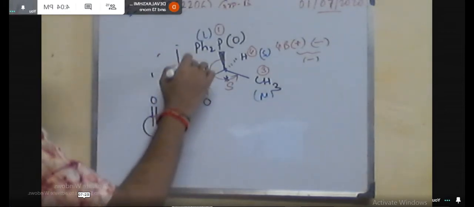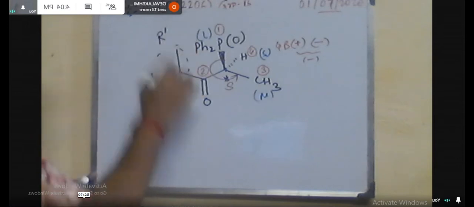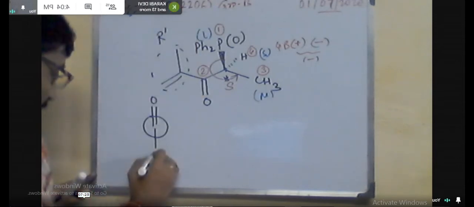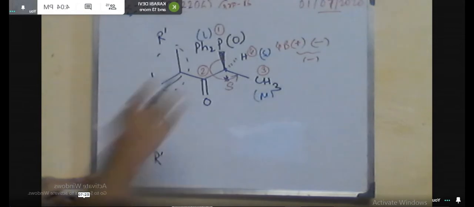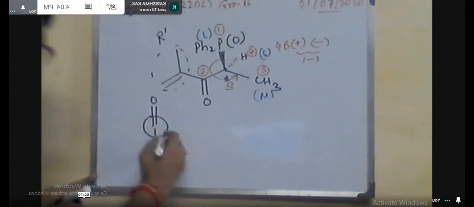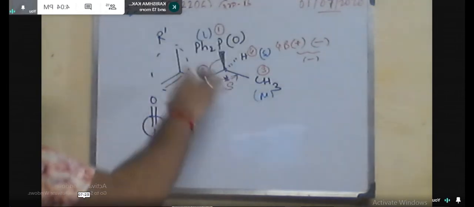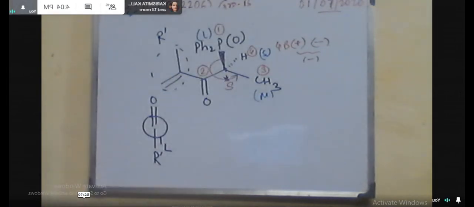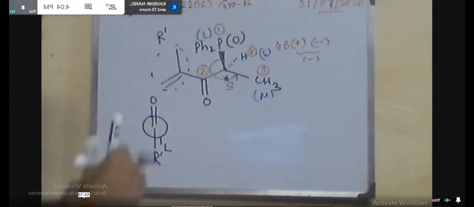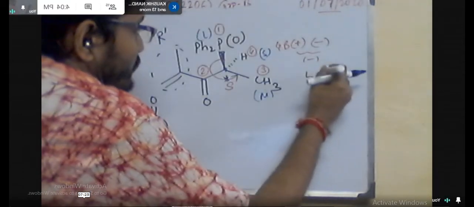That means it is 1, it is 3. So rotation of the 1, 3, 4 is clockwise, plus, and 2F minus. So the configuration is maintained. Now use the metal hydride, and this side is sterically accessible because of the small group. So the hydrogen will attack from this side. That means hydride transfer will take place from this side, H minus.